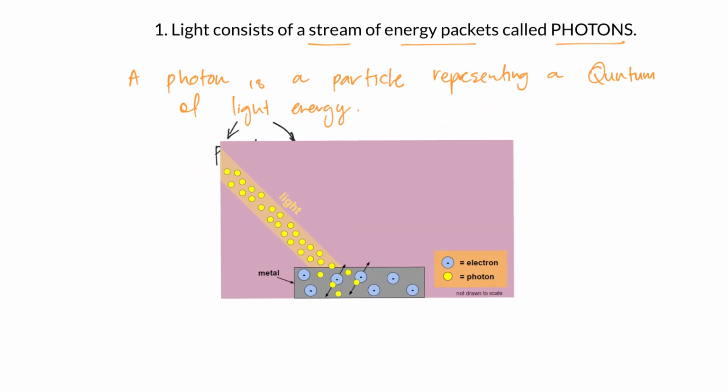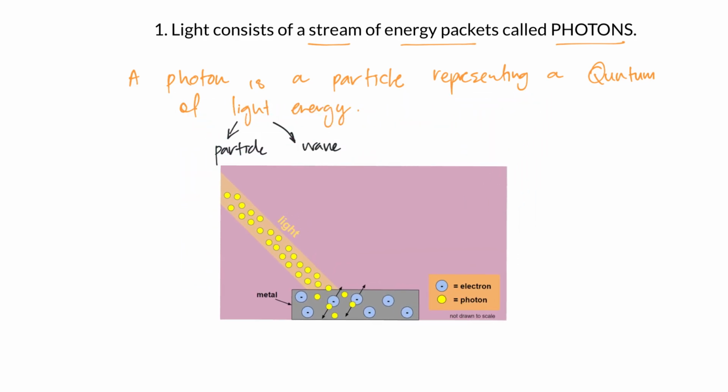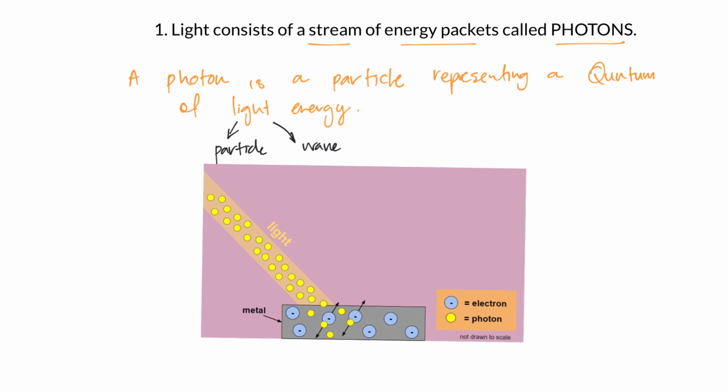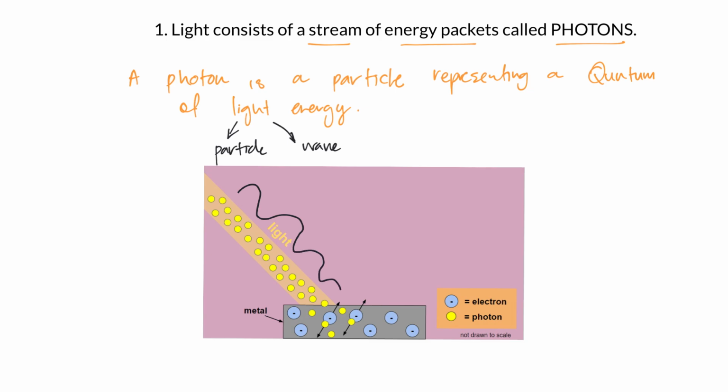In the previous one, I showed you a little diagram. So the diagram showed the light as a wave. So light comes through as a transverse wave, and it shines onto that piece of metal.